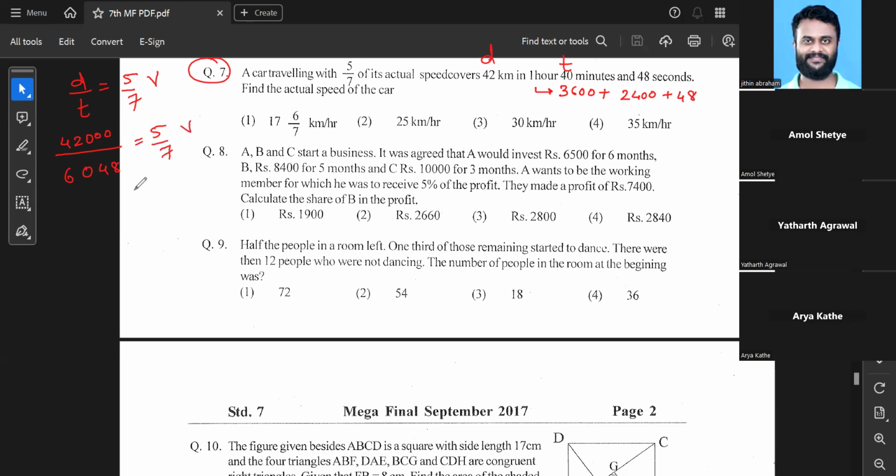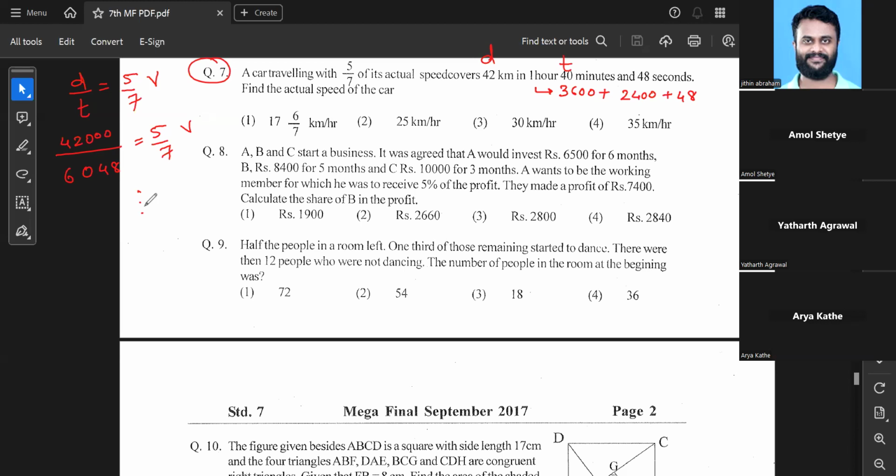Now, when you solve this, I'm not going to solve this, or maybe I can solve, not a problem. So when you solve this, you'll get v is equal to roughly 18 by 5.